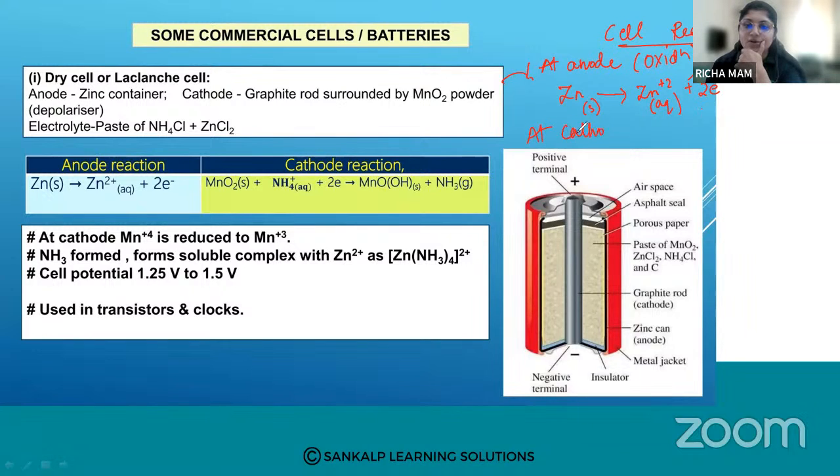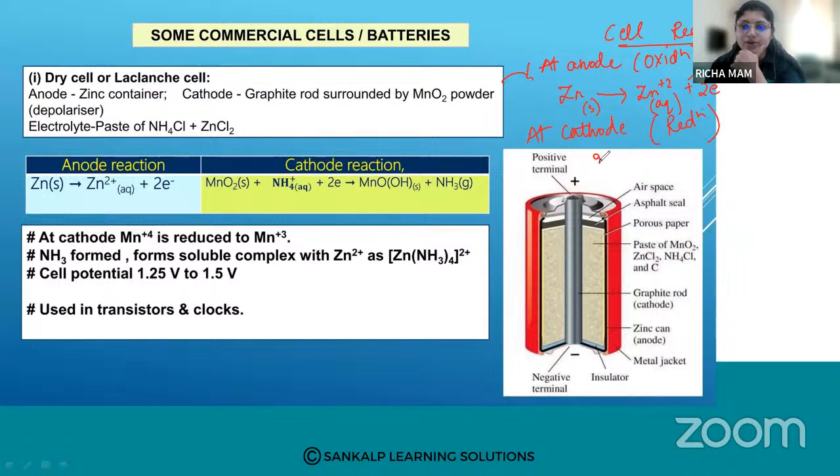Now at cathode, what is the reaction occurring? At cathode, reduction takes place. Now here, what is present? Ammonium chloride, ZnCl2, and MnO2 is there.